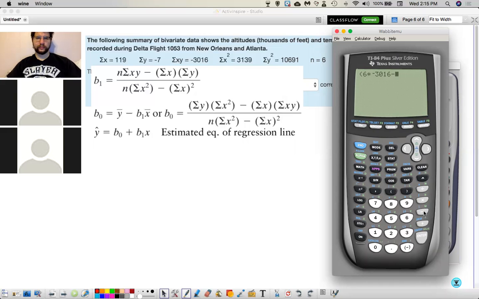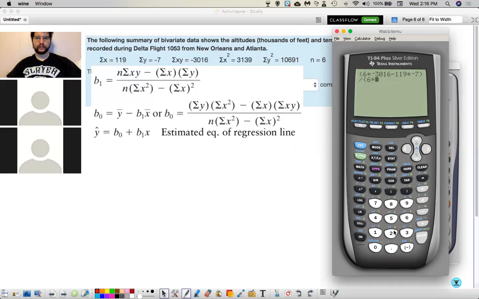Minus sum of x, 119, times sum of y, negative 7. So my whole numerator is in parentheses.